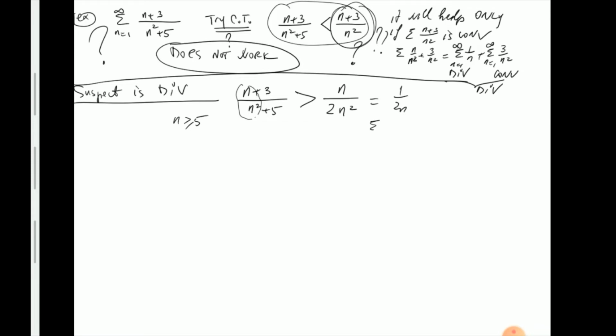And indeed, the summation of 1 over 2n, if you pull the 1 over 2 outside, this is divergent. So therefore, your original series is divergent as well. So the summation from 5 to infinity, if you have to be picky, but it'd be the same from 1 to infinity, of n plus 3 over n squared plus 5 is divergent.